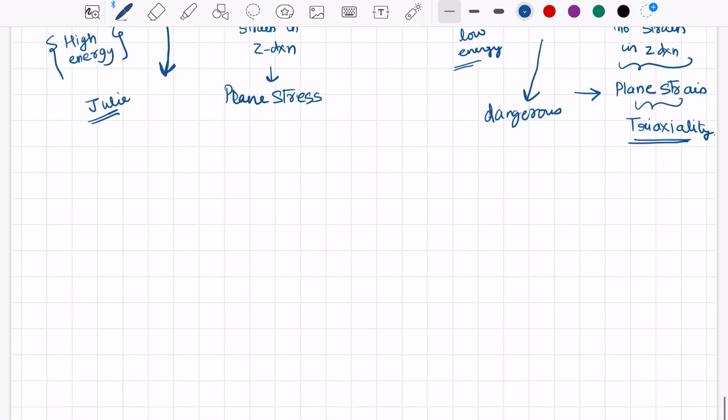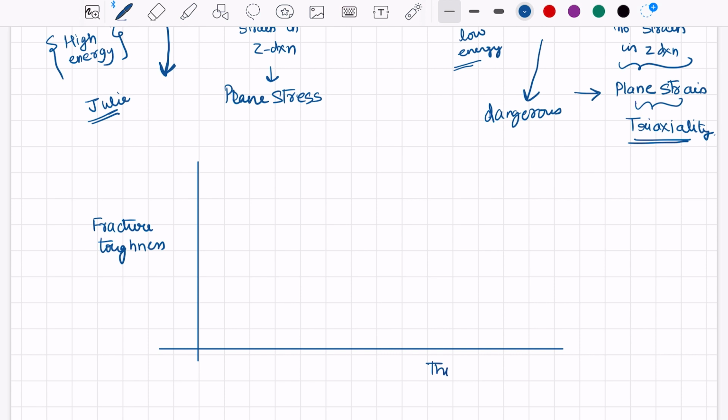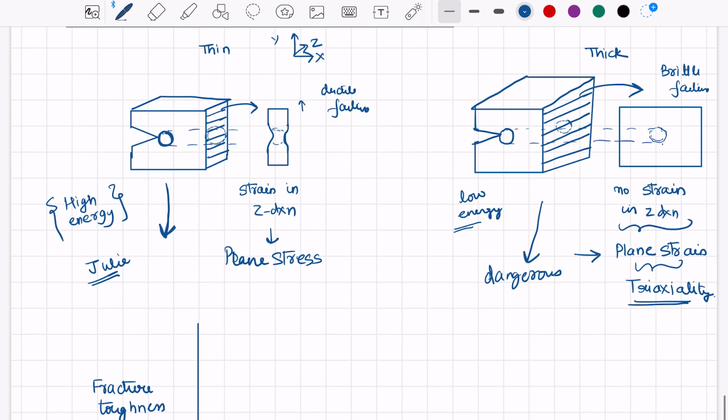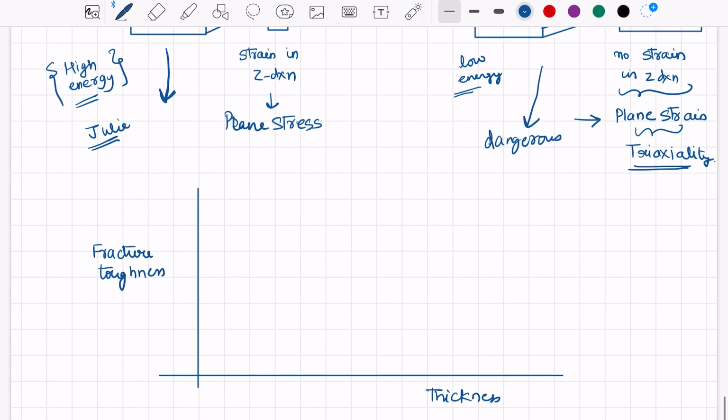Now, if you plot the fracture toughness with thickness of the specimen, we know when thickness of the specimen is very less, we have to apply very high energy to break the specimen. The fracture toughness will be very high. However, if thickness of the specimen is very high, we have to apply a very low energy to break the specimen. The fracture toughness will be very low in that case.